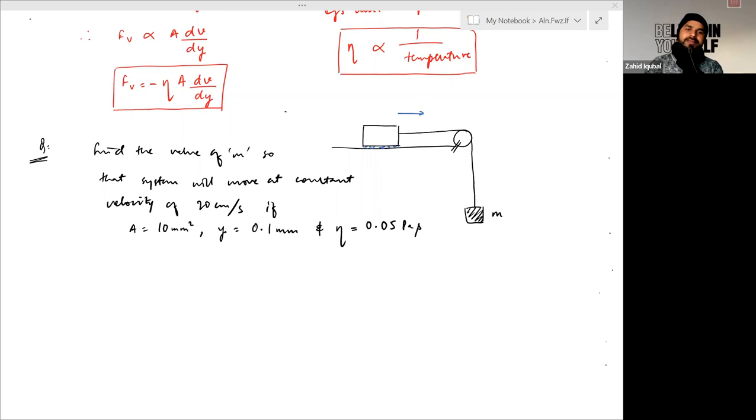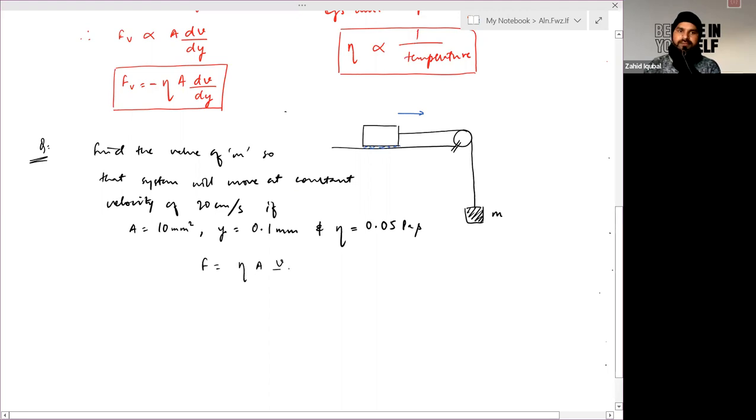Just use the above formula. We have force equals eta A velocity by y. In place of force, which is nothing but viscous force, to compensate this force there will be force of gravity acting in this direction, which tends to move the block along this way, and viscous force must be acting along this way.